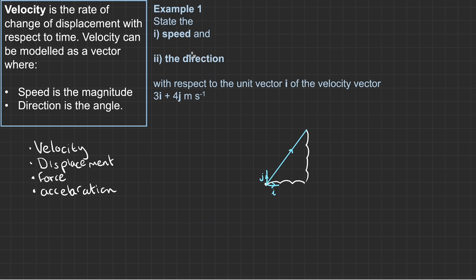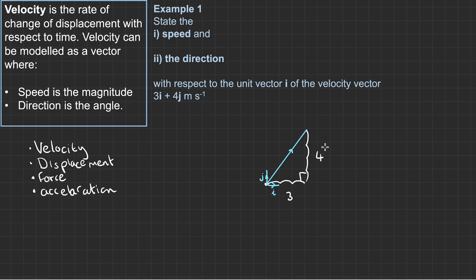Now the speed of this velocity vector is the magnitude of this vector here. We can work out its magnitude using Pythagoras' theorem, because we have 3 on the horizontal and then 4 going vertically up, where this is a right angle.